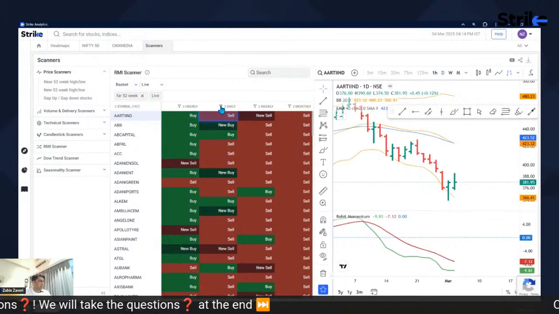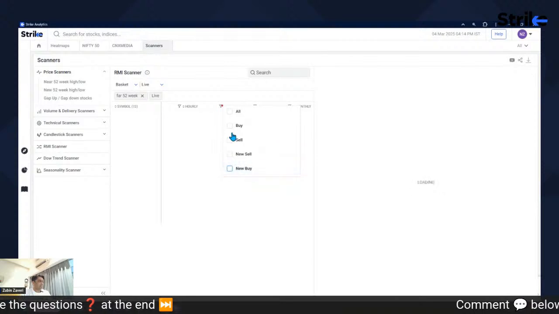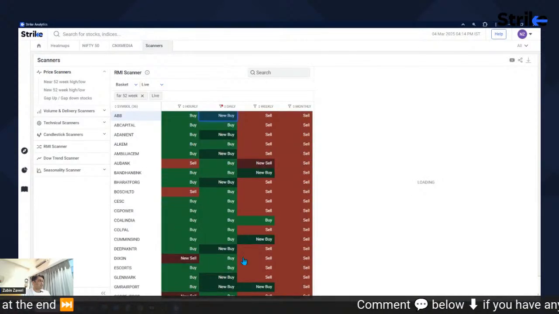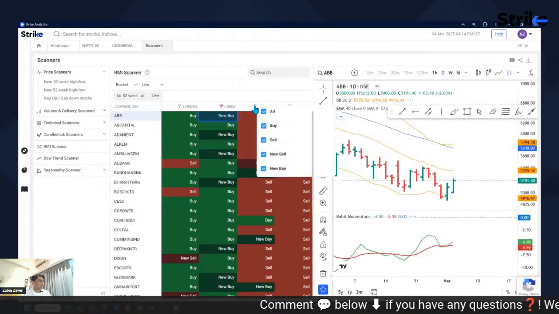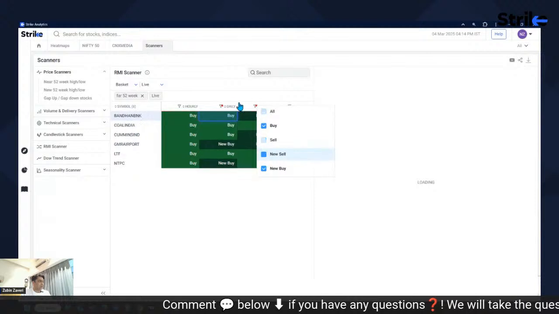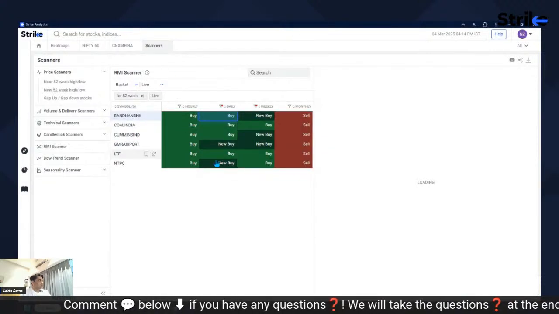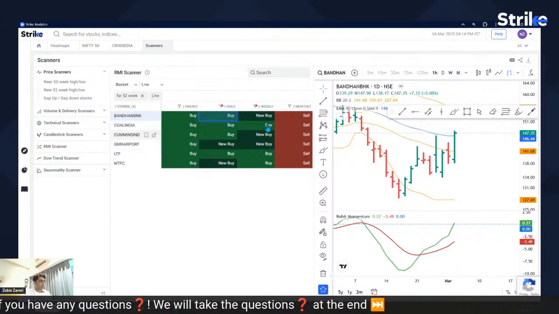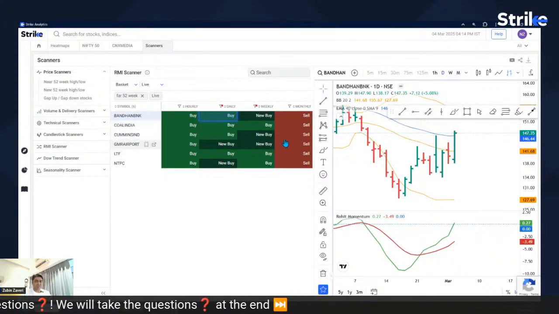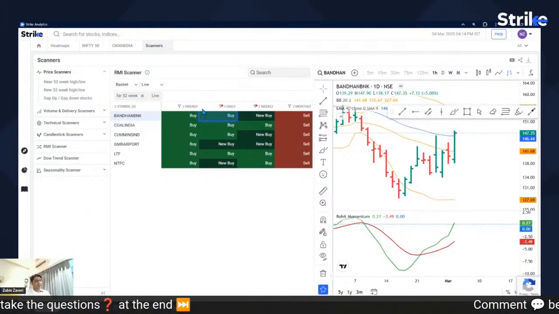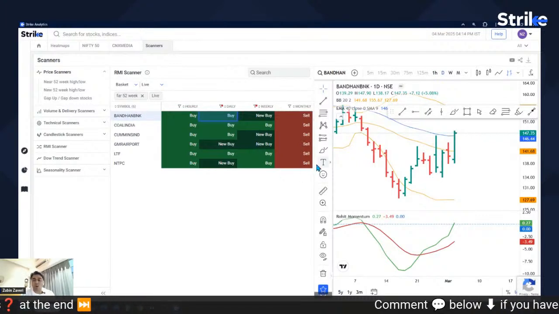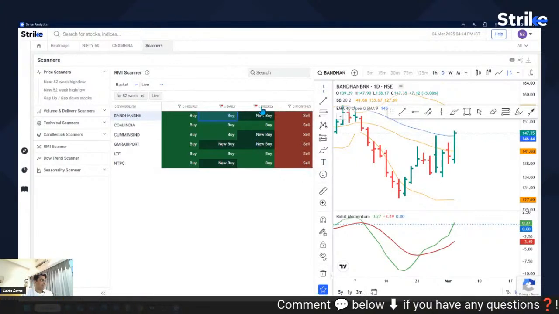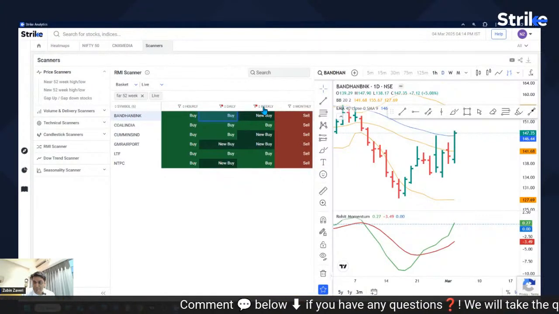Then you can simply say that I want the stocks which are in a buy mode on the daily chart and on the weekly chart. So out of those stocks, you can again filter out these 6 stocks, which are very far away from their 52-week high, and they are now showing some momentum on the hourly, daily, and weekly time frame chart.